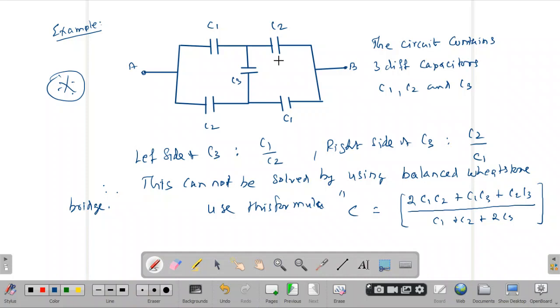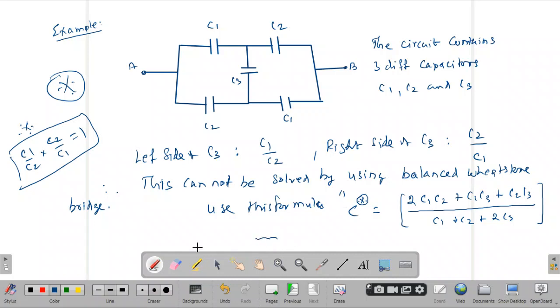Very very important. If you multiply the left side ratio and the right side ratio, what should come? 1 should come. C1 by C2 into C2 by C1, multiply the two ratios, 1 comes. This is the key point. If the product of the ratio on the left side and the ratio on the right side is 1, use the formula 2C1C2 plus C1C3 plus C2C3, divided by C1 plus C2 plus 2C3, the most important formula.